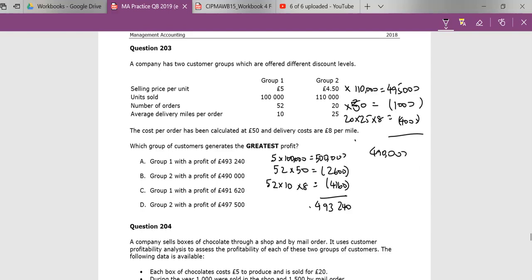The question asks which gave the greater profit, so the answer is definitely group one.